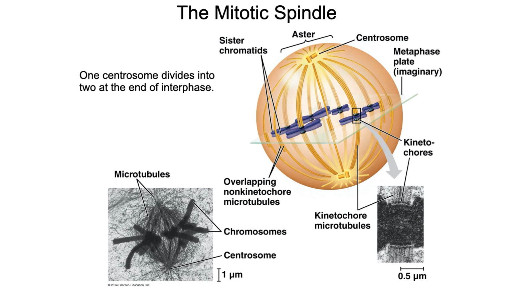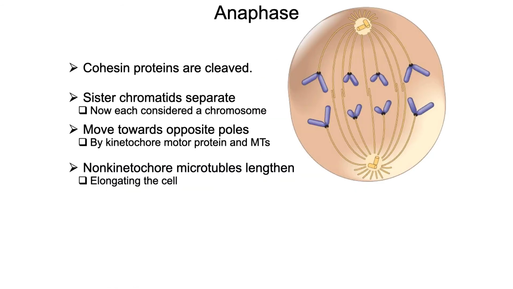So now, at this point in this image, we have 1, 2, 3, 4, 5, 6 chromosomes. Now, they are 6 duplicated chromosomes, but they're 6 chromosomes nonetheless. As soon as those sister chromatids separate, we call each one of them a unique chromosome. So now, at this particular point in time, we have 1, 2, 3, 4, 5, 6, 7, 8 chromosomes.